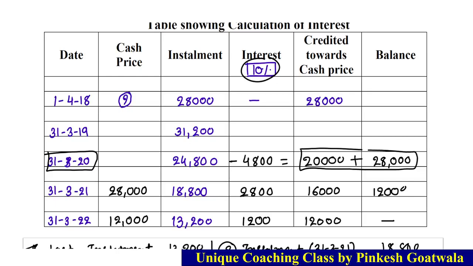Just total this, 20 plus 28, so here comes 48. Clear? And this balance we transfer next year, so here it will come 48. So this is this step, okay, remember this step.